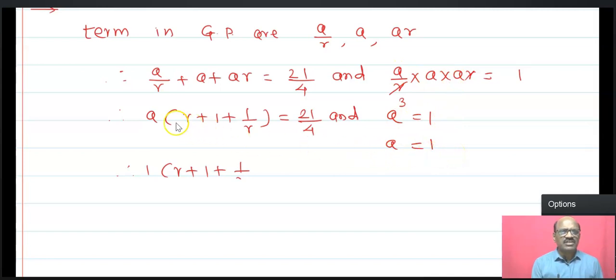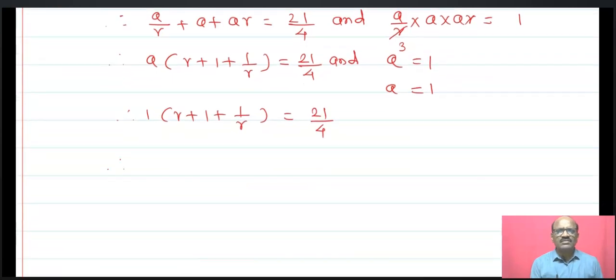Now we will substitute the value of A here. A is equal to 1. Then you will get, in bracket, R plus 1 upon R is equal to 21 upon 4. Now we will simplify this. How to simplify?